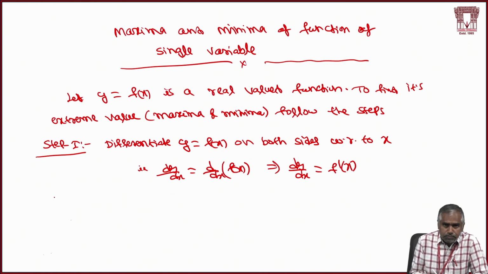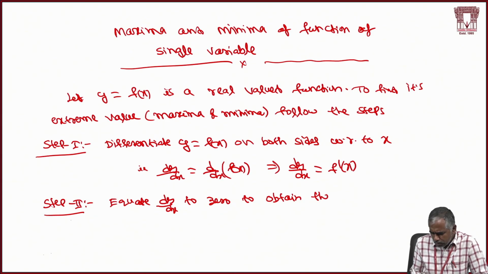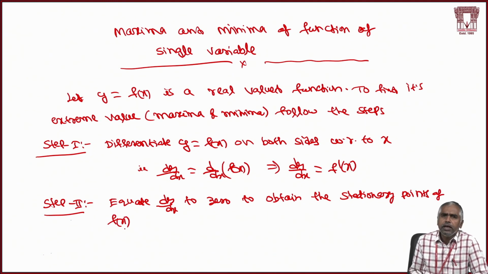Now coming to step 2, equate dy by dx to 0 to obtain stationary points of f of x.